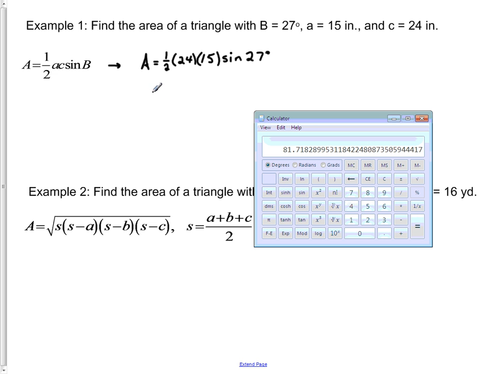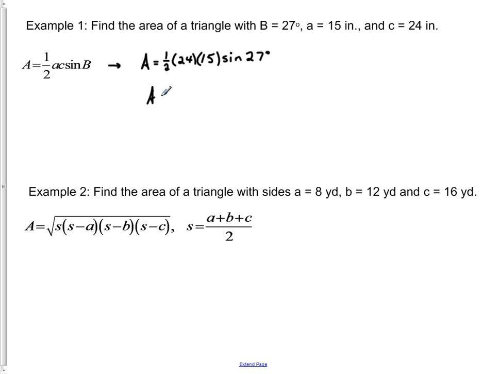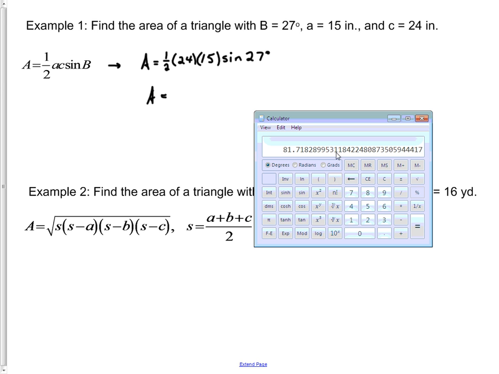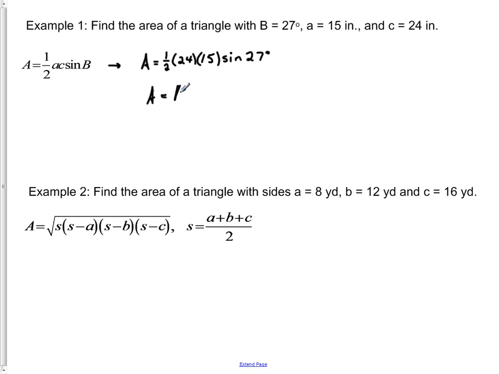Area is equal to 81.72. We're going to round to the nearest hundredth. 81.72 square inches. Doesn't get any more simple than that, and hopefully we don't have to do a whole lot of arithmetic by hand. And don't forget we are talking about area, so it has to be in terms of square inches.